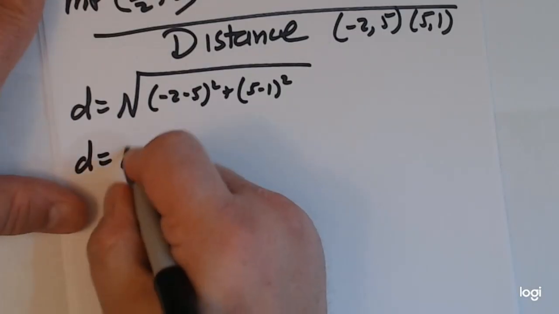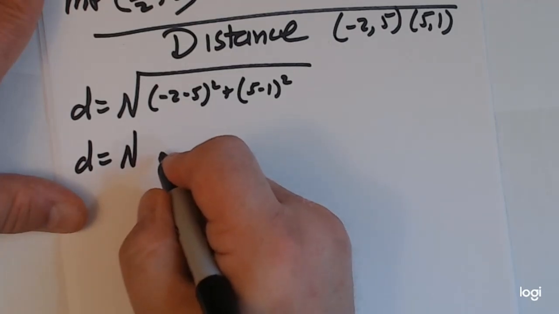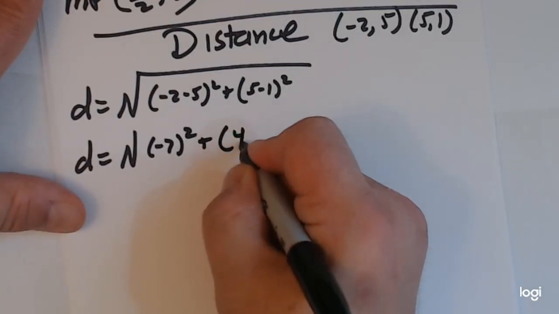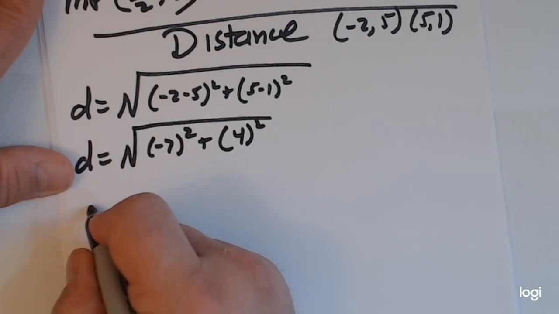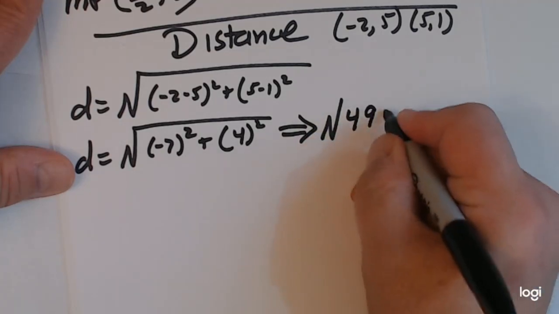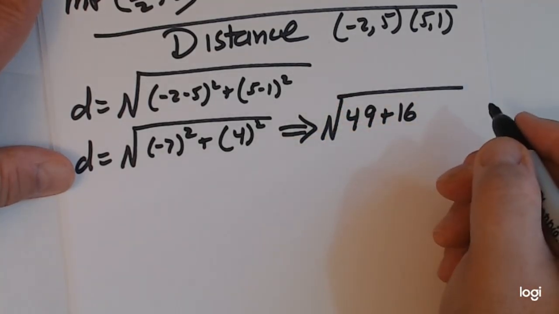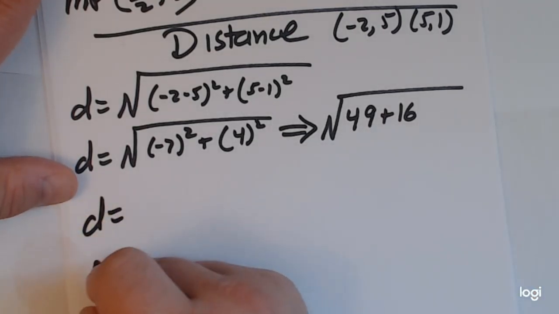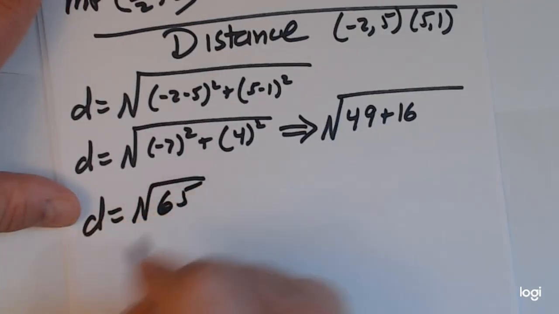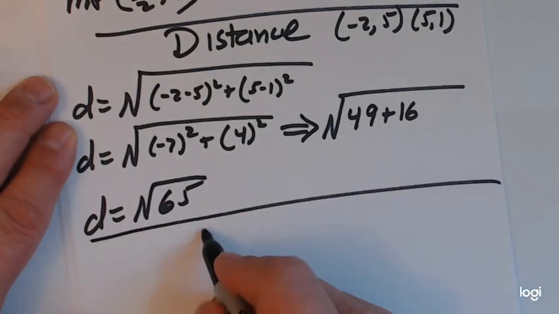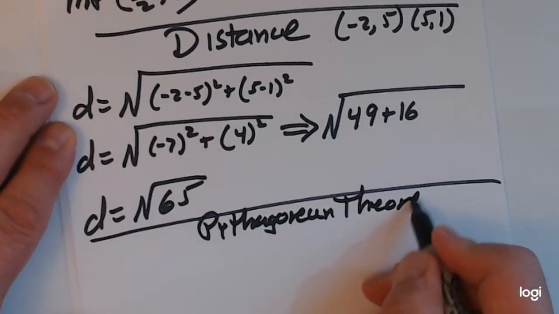So d is equal to the square root of negative 7 squared plus 5 minus 1 is 4 squared. So that's going to give us the square root of 49 plus 16. So d is equal to the square root of 65. And that's it. We can't do anything more with the square root of 65.